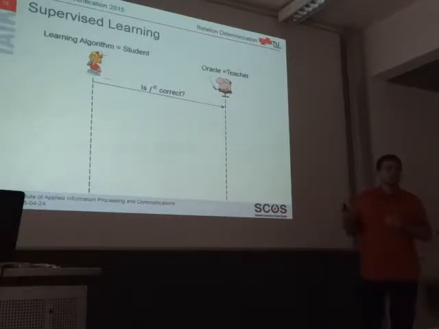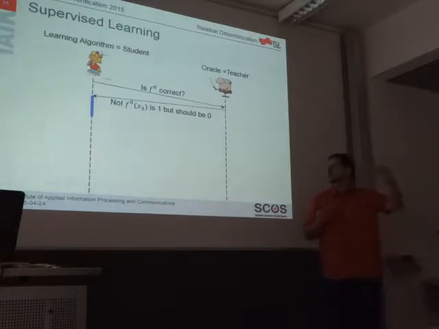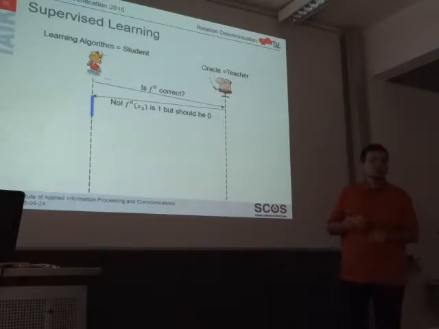And then the teacher, using these sets can be 0 and can be 1, checks this guess and says, no, this guess is not correct, because for this input vector x3, your function produces a 1, but it should be a 0.